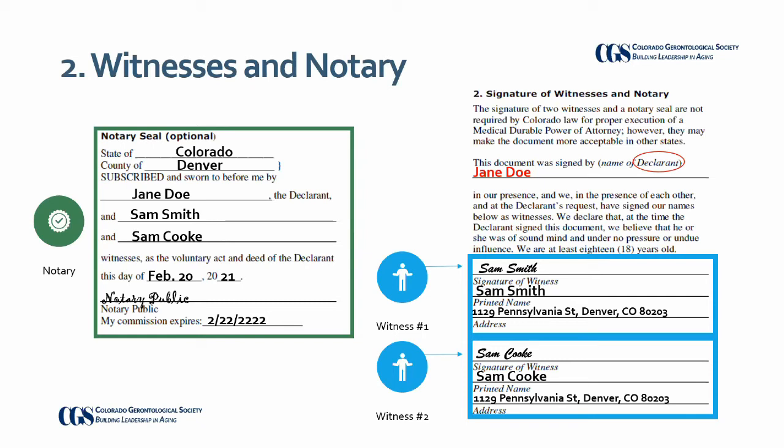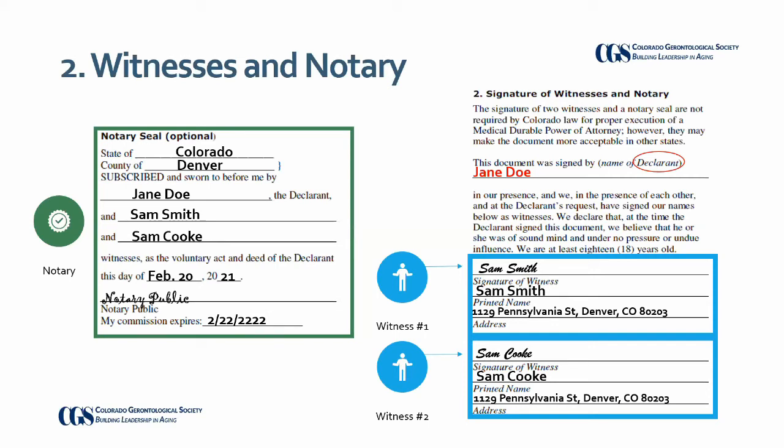So a notary gets their commission by the state and it expires every so often. So they need to document that on their notary seal when they do this. Even if their commission expires, your document is still valid.